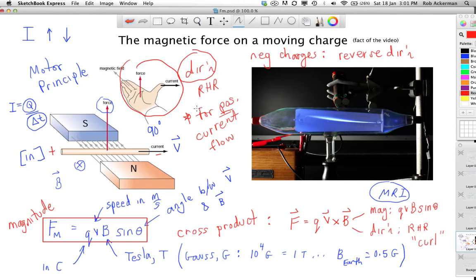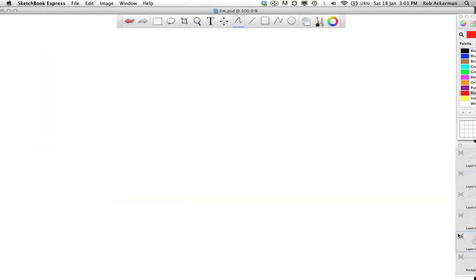Or some people use a left-hand rule. But since we've been using the right-hand rule, we're going to stick with that. Okay? And anyway, that is the gist of the video: being able to use the right-hand rule and this new formula, QVB sine theta, to determine the force on an individual charge moving through a magnetic field.